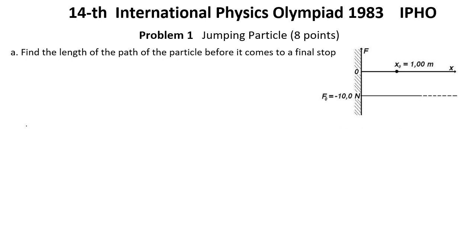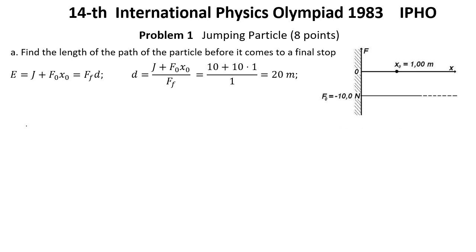Since the ball is constantly subject to a force directed toward the wall and there is a friction force, the final location of the ball will be point x equal to 0, thus, all the kinetic energy of the particle plus potential will eventually go into the work of the friction force. That is, the relationship is true, F0x0 equals Ffd, where d equals F0x0 divided by Ff equals 10 meters.